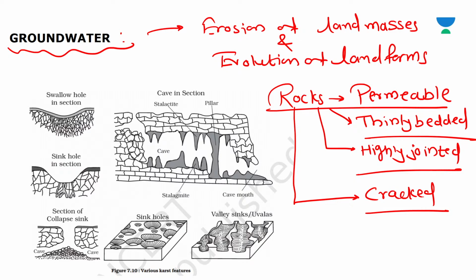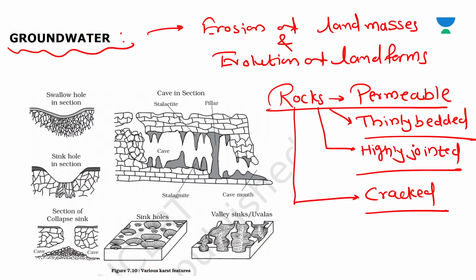But in rocks like limestones or dolomites, which are rich in calcium carbonate, the surface water as well as groundwater, through the chemical process of solution and precipitation deposition, develop varieties of landforms.